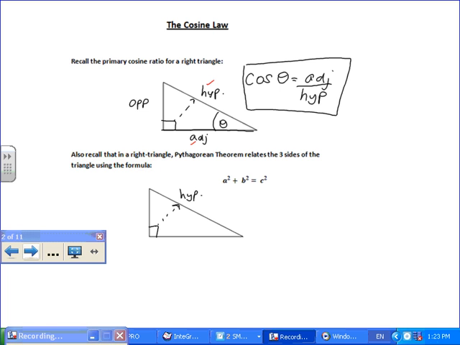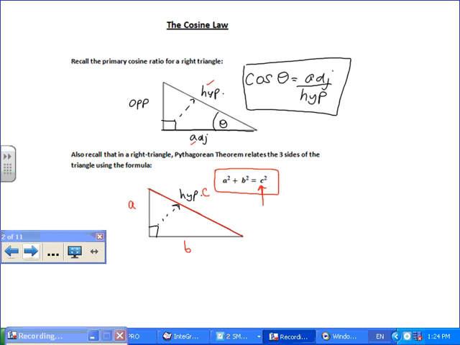The square of the hypotenuse is equal to the sum of the other two side lengths squared. On a right triangle, if I call this A and this B, and we call our hypotenuse side length C, this is the Pythagorean theorem. A squared plus B squared is always equal to C squared.